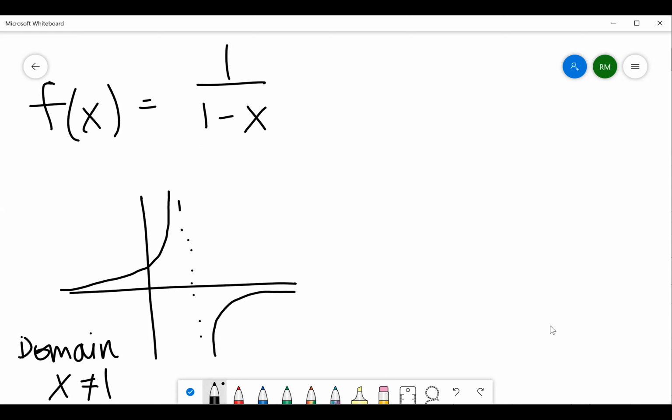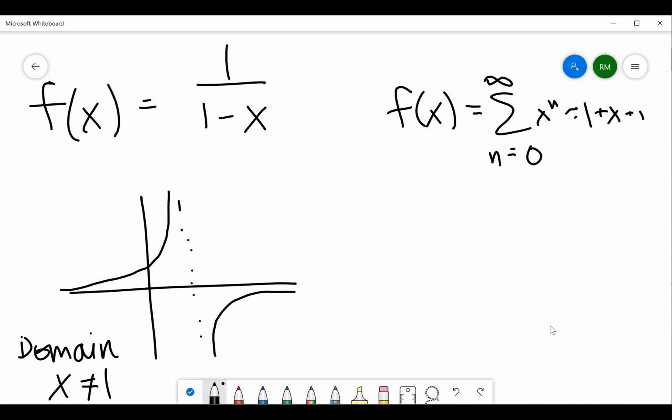But when we look at our infinite series over here, the sum from n equals 0 to infinity of x to the n, which is 1 plus x plus x squared, and so on, that only makes sense in the range from -1 to 1.